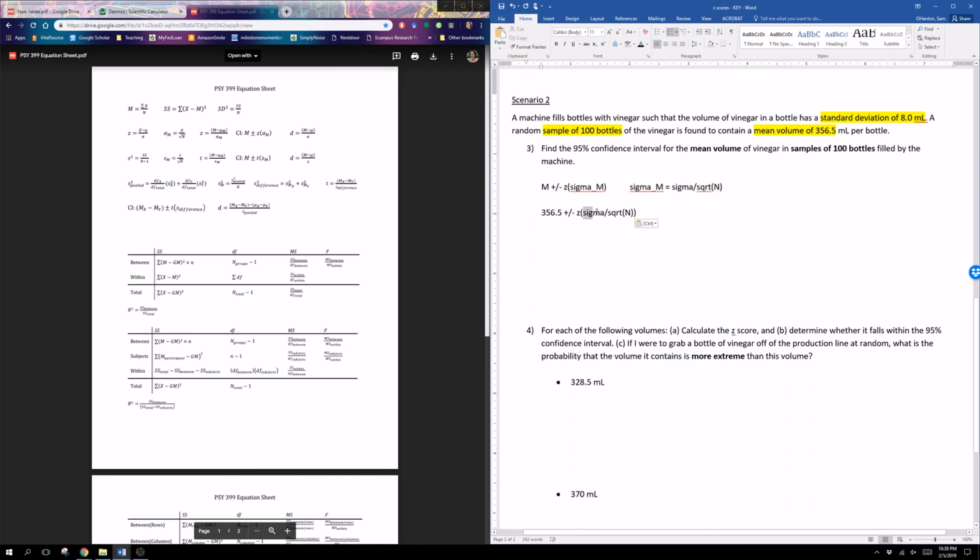Okay, sigma is the standard deviation, and we were given standard deviation of 8, and we have a sample size of 100. Okay. So square root of 100 we can simplify. That one's pretty easy. And 8 divided by 10 is also pretty easy, so we can simplify that further. Okay, now we need z.